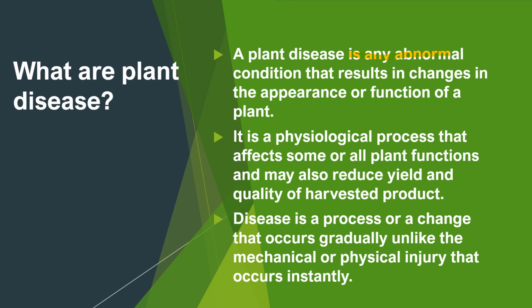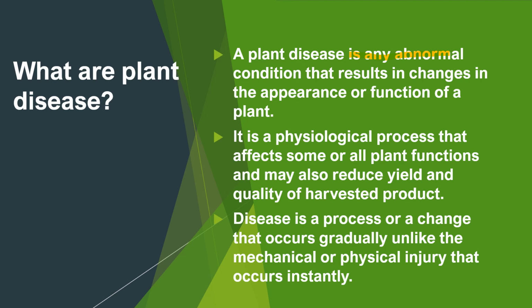This means that if we observe any change in the physical appearance or the function of a plant, for example if we see a plant is wilted, or if the normal color of the plant is green and we see some brown patches on it, then we may think that maybe the plant is suffering from an underlying disease.